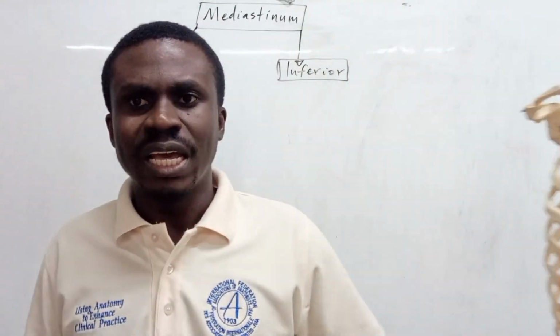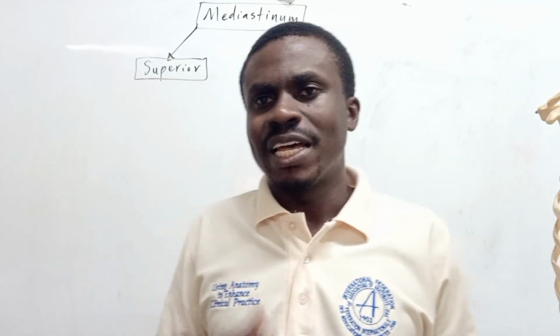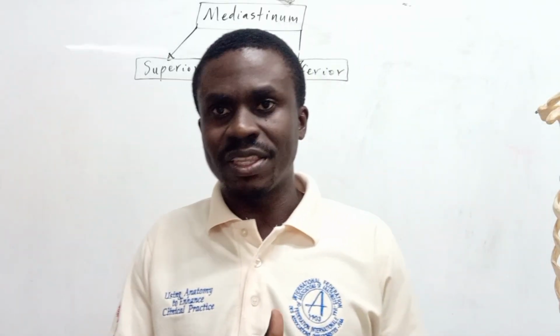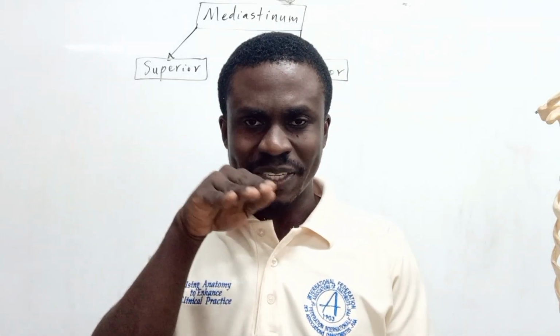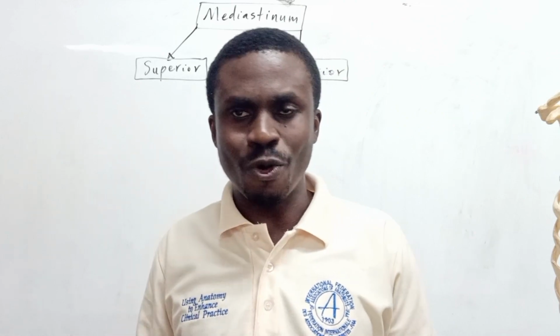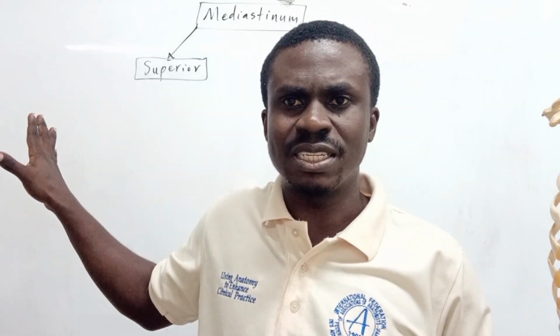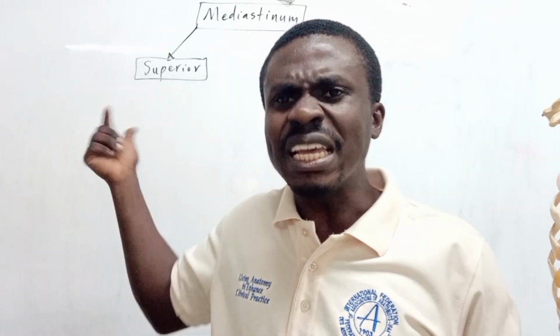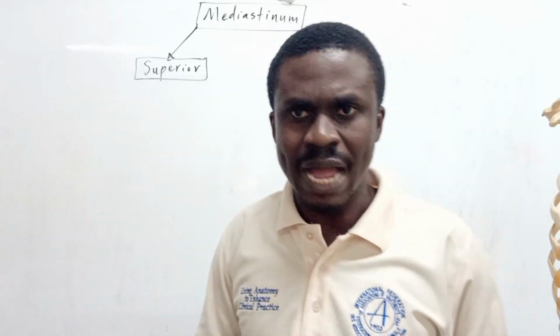That's what we see. Now, the next important thing for today's class: there's another thing which I will deal with, looking at the structures which are traversed by the transverse thoracic plane. That will be another meeting altogether, but today I want to look at the contents. So what will be inside this superior mediastinum?